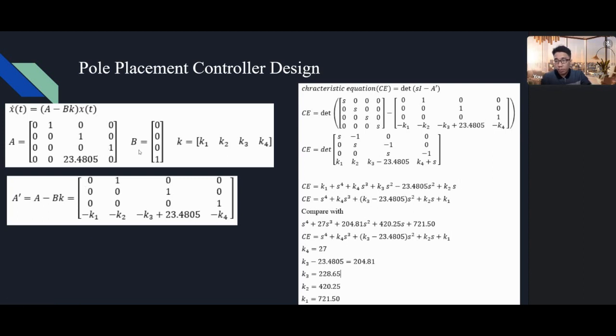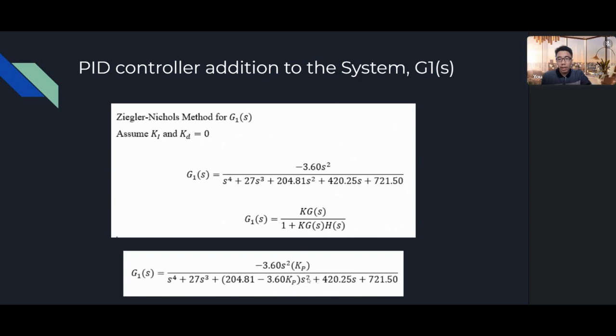To pole placement, we need... and then we finally compare our design classification with the new K. For the PID controller, we assume that Ki and Kd are equal to 0, and then we find the closed loop.